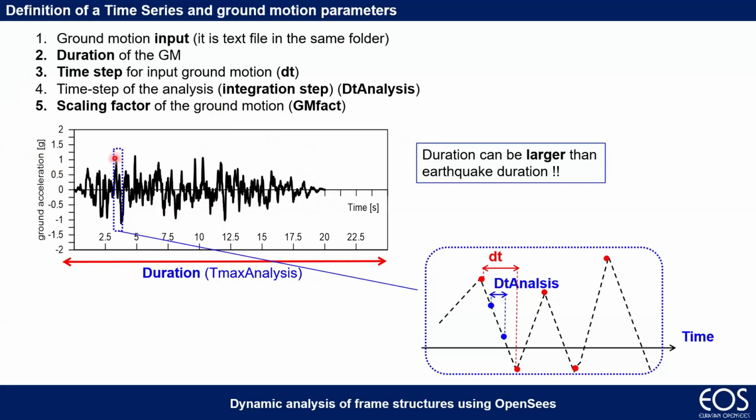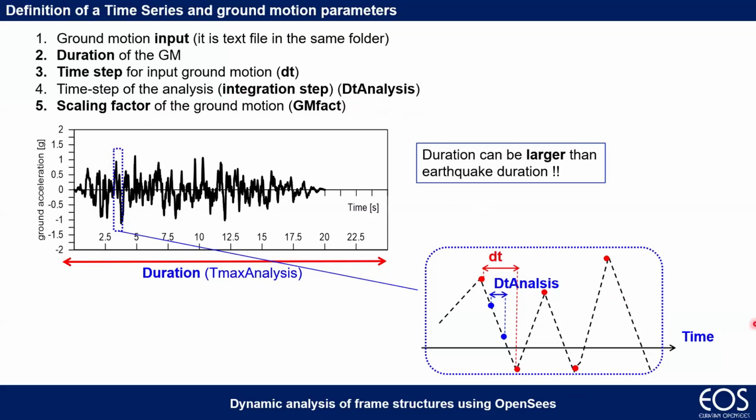Again, from the ground motion input, you need the time step of the ground motion, okay? The rate of recording the ground motion, starting from which, if you want, you can declare the time step of the analysis. That can be different. I strongly suggest you use a time step of the analysis smaller than the time step of the recording, okay?